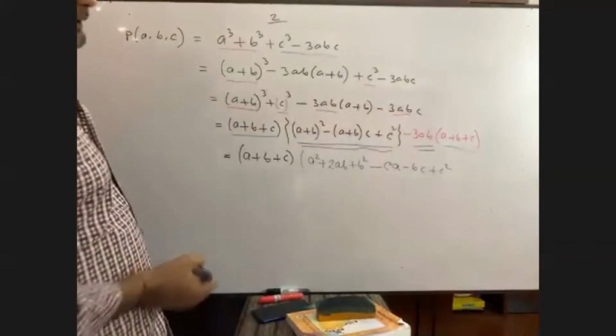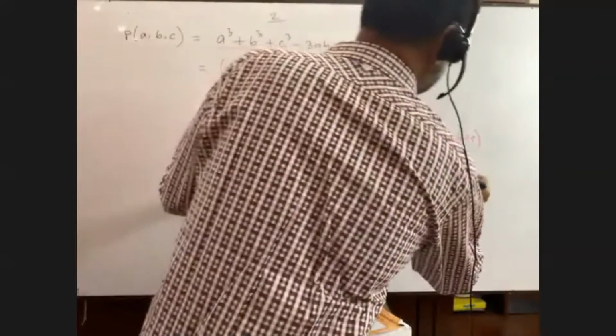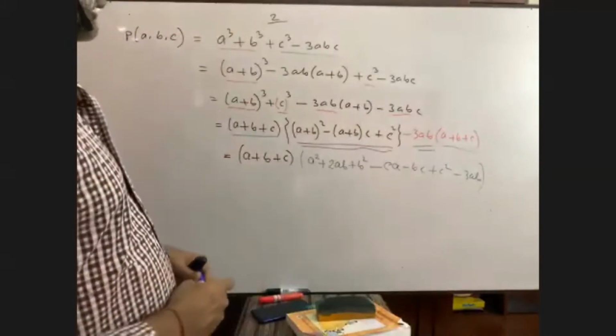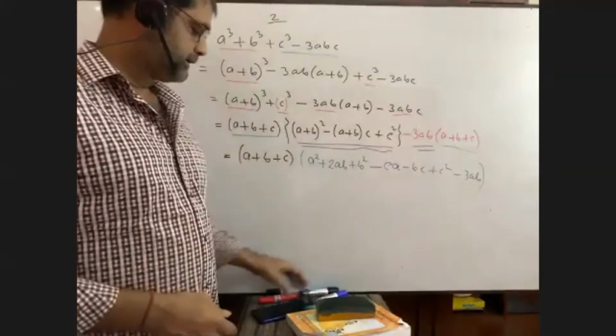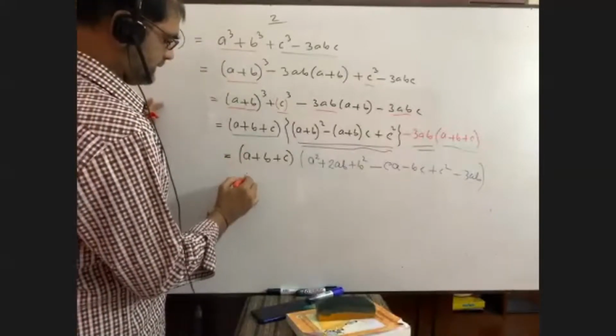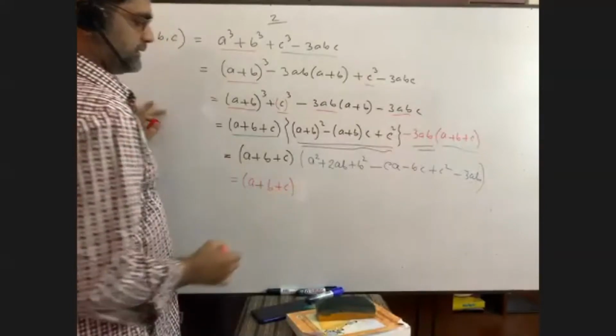Okay. Then we are left with only at last minus 3ab from the second term. Just calculate it. If we calculate, we will get here the same a plus b plus c.